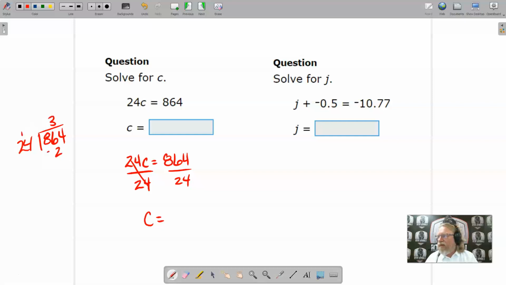And add the 1, that's 7. 6 minus 2 is 4. 8 minus 7 is 1. My brain's already thinking ahead, thinking about bringing the 4 down. So 24 into 144.